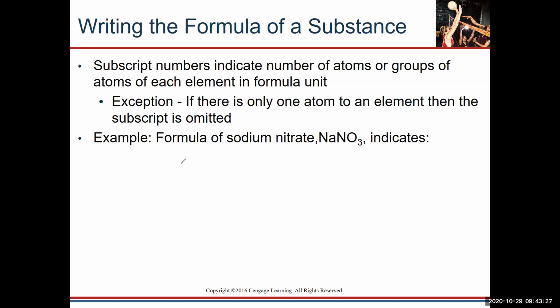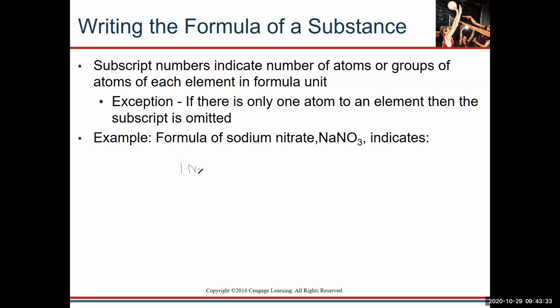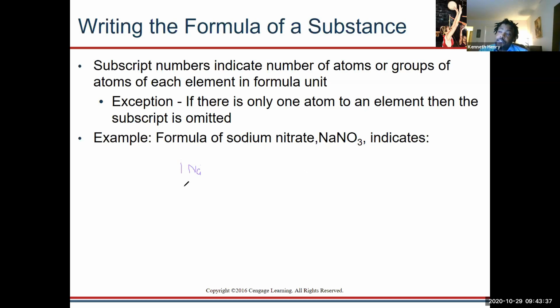We got one. How many nitrogens? We have 1. And 3 oxygens. Yeah, that's right. 3 oxygens.